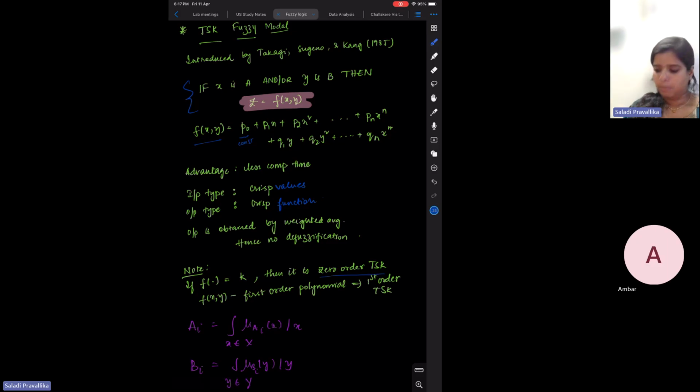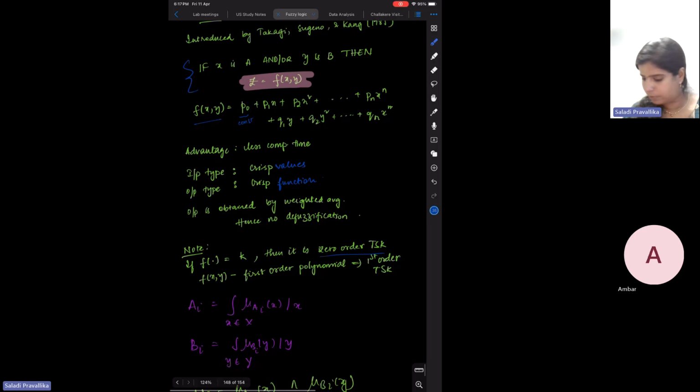All right. In case we have p naught plus p1x plus q1y, so there are no variables which have a degree greater than 1, then we call it a first order polynomial or a first order TSK, right?